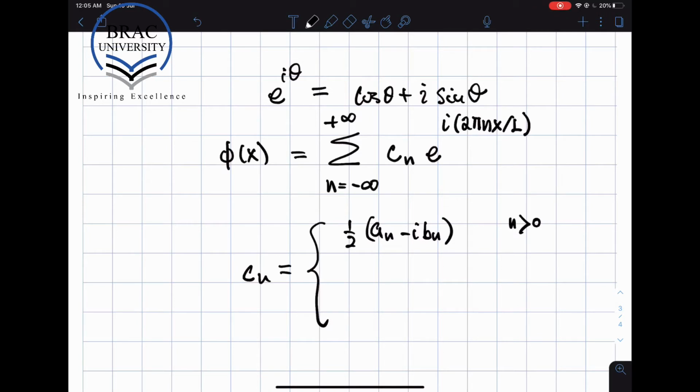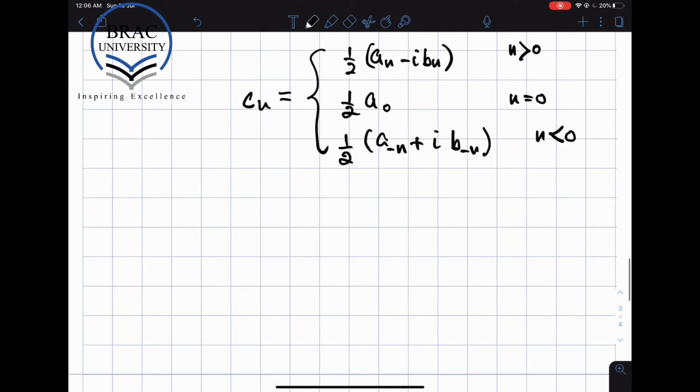It's equal to half of a0 when n is 0, and it's equal to half of a minus n plus i b minus n when n is less than 0. So these are the coefficients for the Fourier series in its complex form.